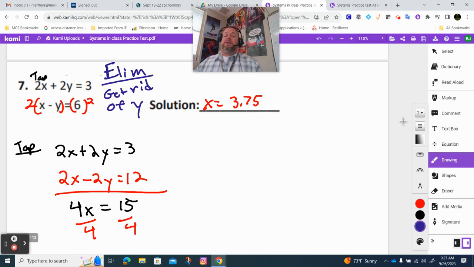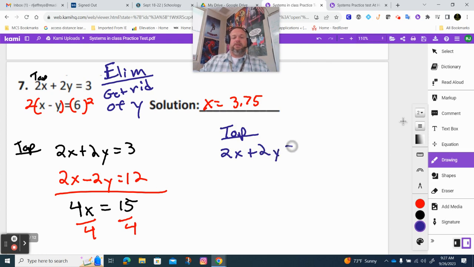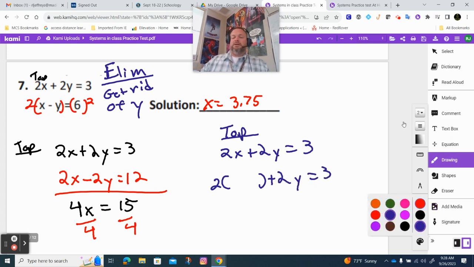Well, we can do the top. We can also do the bottom, but we'll do the top because that's what you said. So 2x plus 2y. As long as it makes sense to you, I don't care.